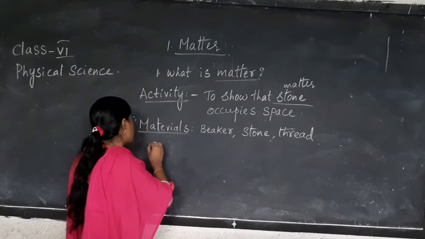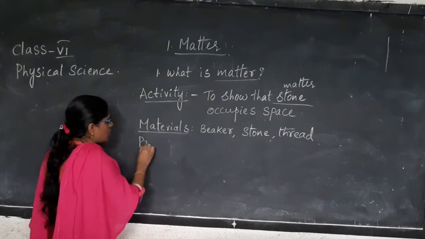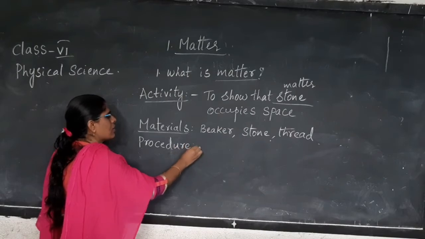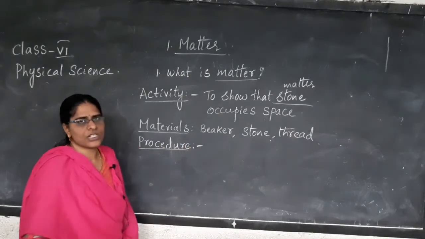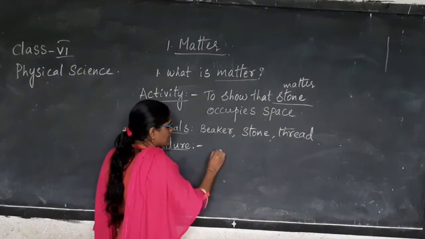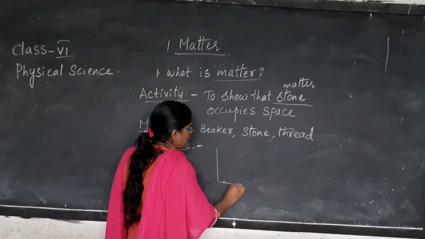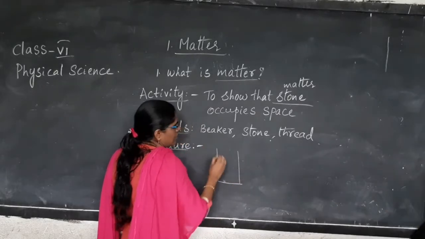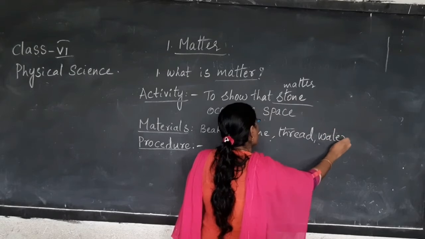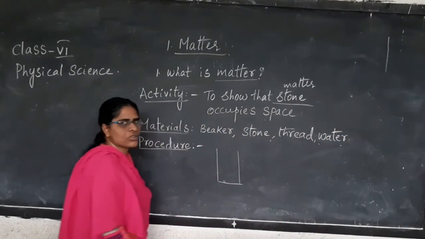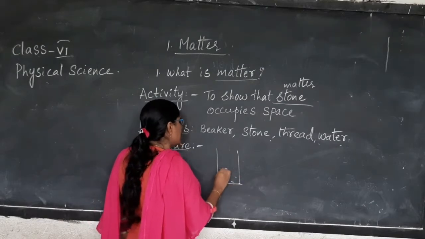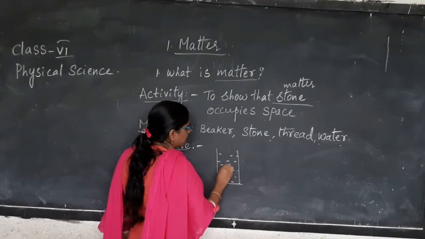Next, after the materials, we have the procedure. How to do this activity? First take a beaker. Not only a thread and a stone, take some amount of water also. Fill the beaker completely with water.